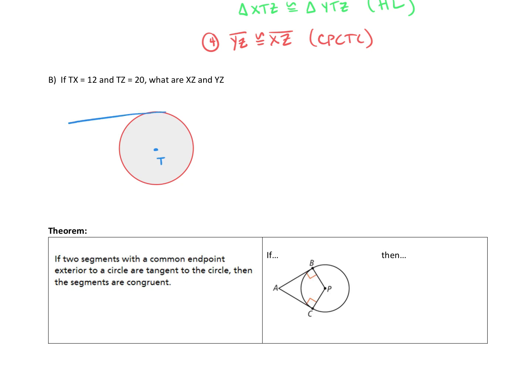Here's XT, and then I'm going to draw a tangent over here, and that is YT, and we have Z. All right, so they said if TX is 12, and TZ, oh, looks like we want segment TZ in here as well. TZ is 20.